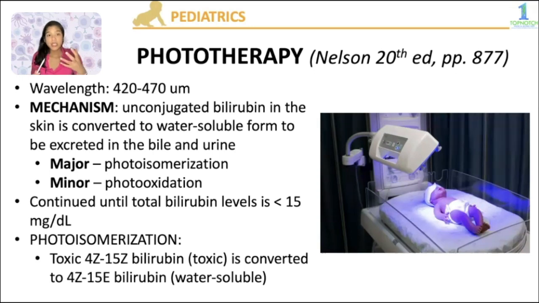This unconjugated bilirubin is not water-soluble, so it deposits into the skin. In order to convert it into the water-soluble form so that we can excrete it into the bile or the urine, we undergo phototherapy. It is through photoisomerization that we can convert it into the water-soluble form, excrete it into the urine, and resolve some of the jaundice. Okay?